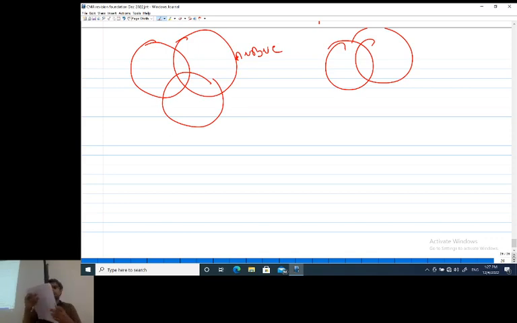If A and B are two sets, then A intersection B minus A. Okay.